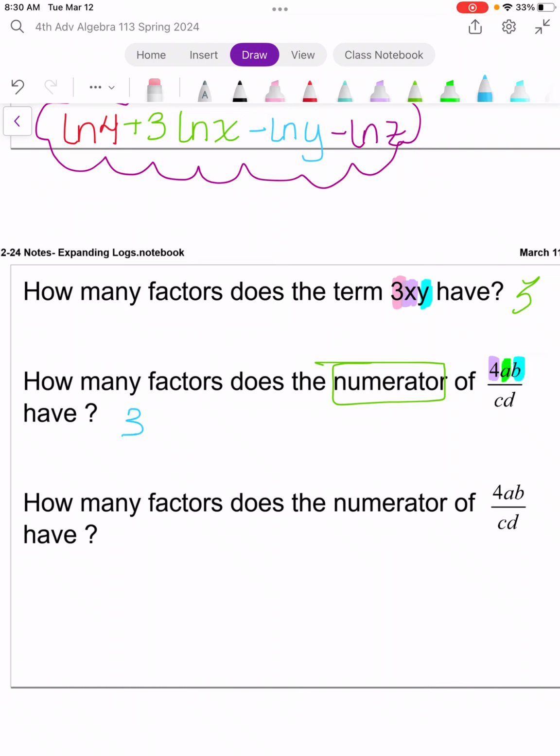There's still 3. How many factors does the numerator of 4ab over cd have? 1, 2, 3. Factors are things that are multiplied together to make whatever you're looking for here. In this case, it's 4ab. So that's also 3.